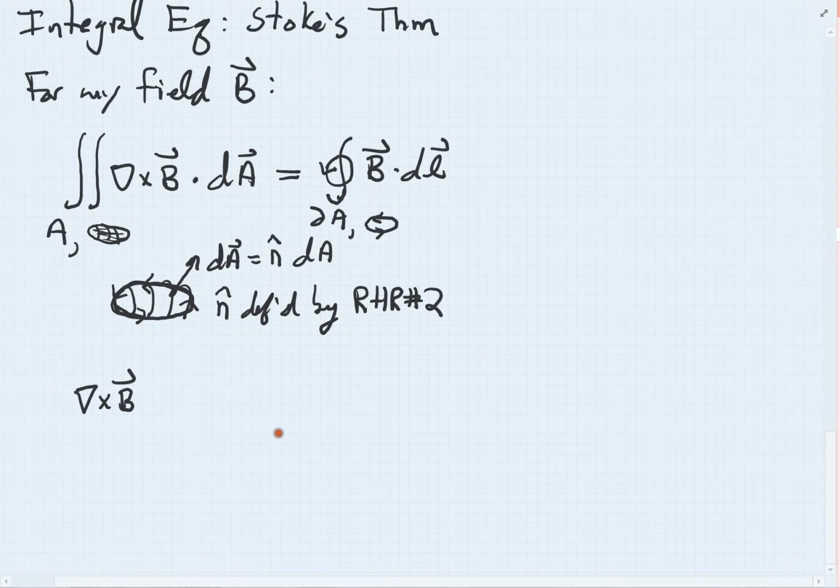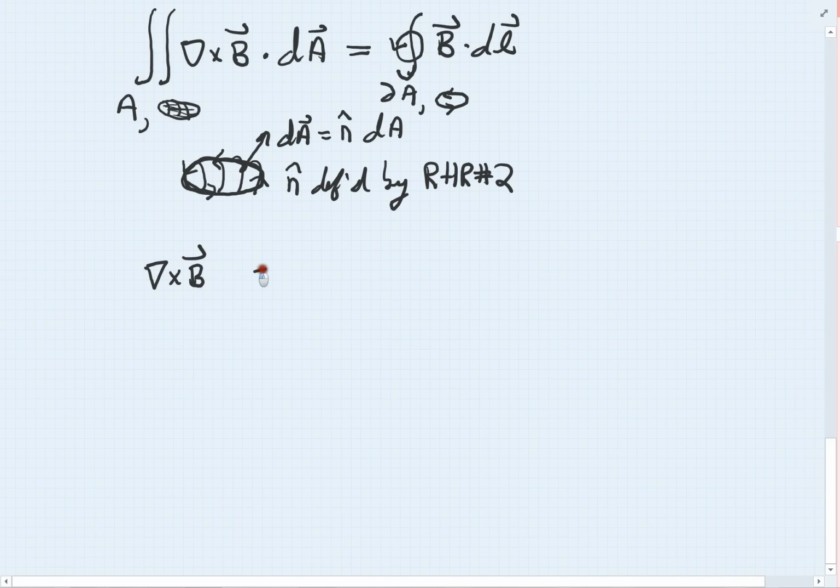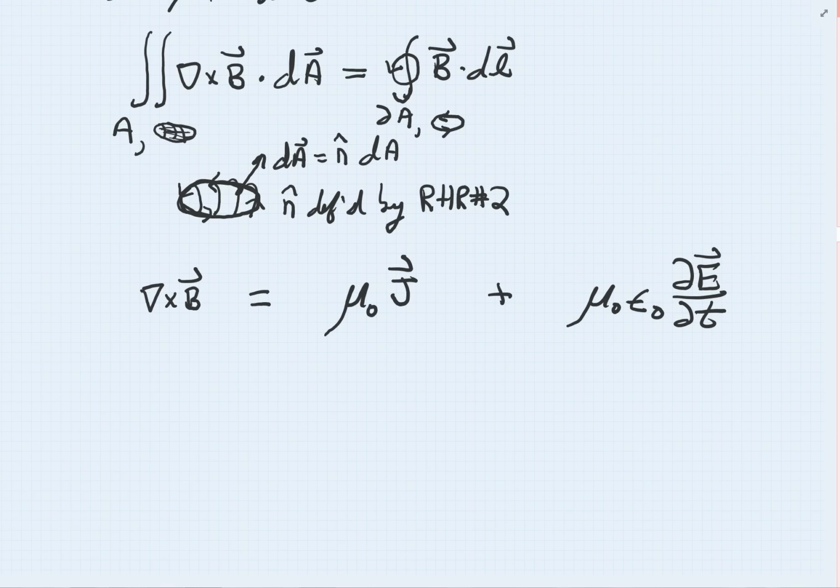That curl of B, what our result has shown us already, is that the curl of B has two contributions, mu naught times J, the current density. Remember, leave spaces so we can put in integral pieces, plus then our new term that we had just found, this displacement current, mu naught epsilon naught times the partial derivative of E with respect to time t.